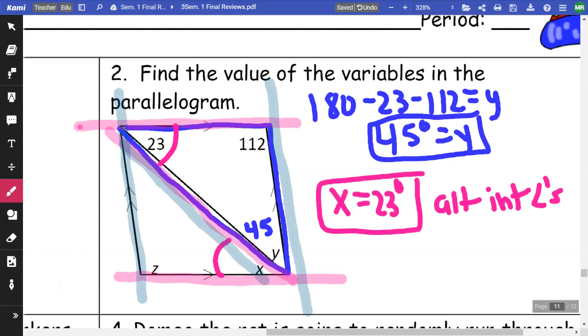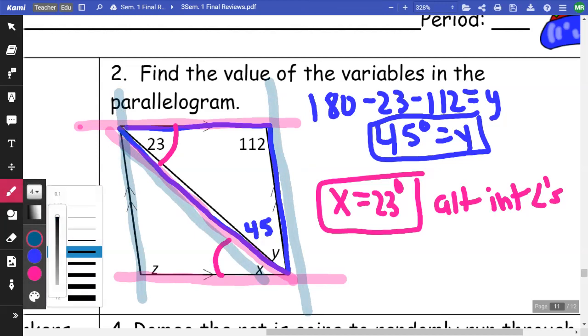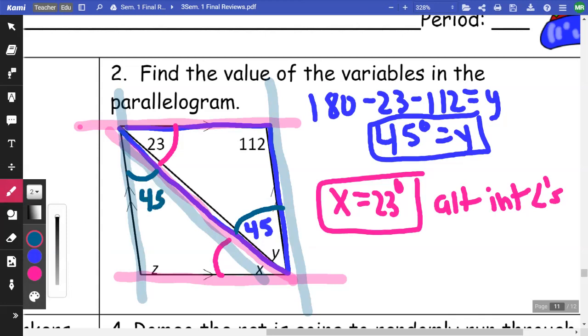And I know that if this angle here and this angle here are the same, so this has to be 45 degrees.